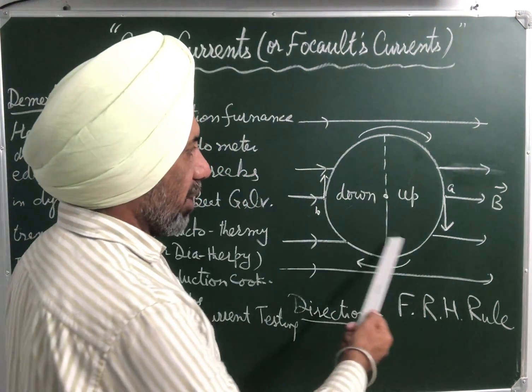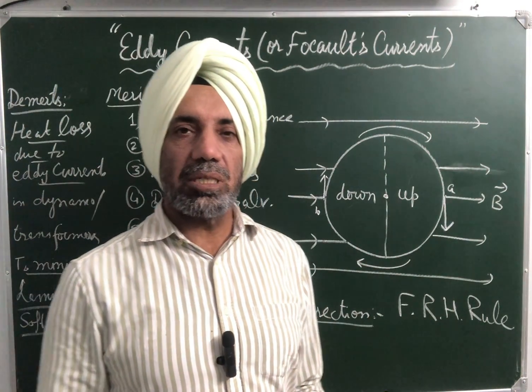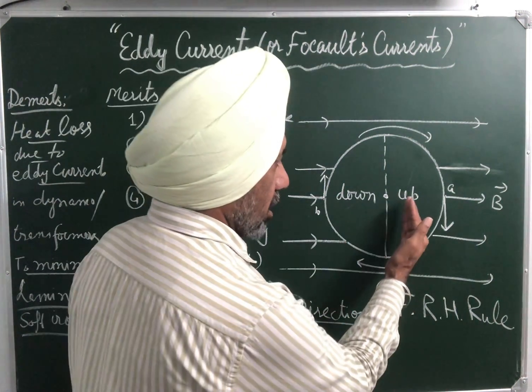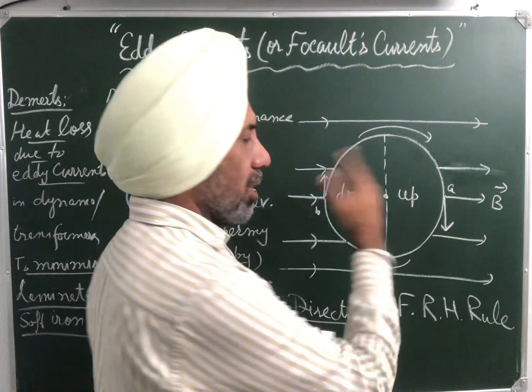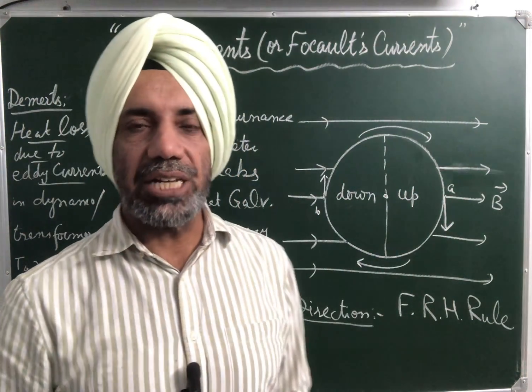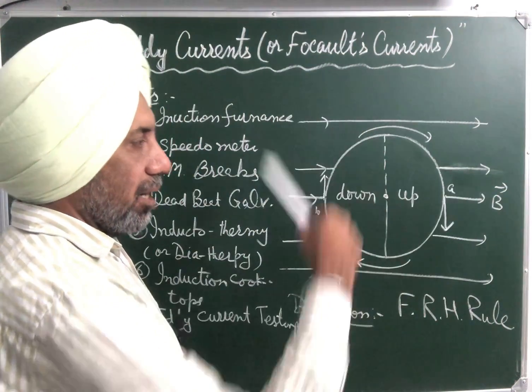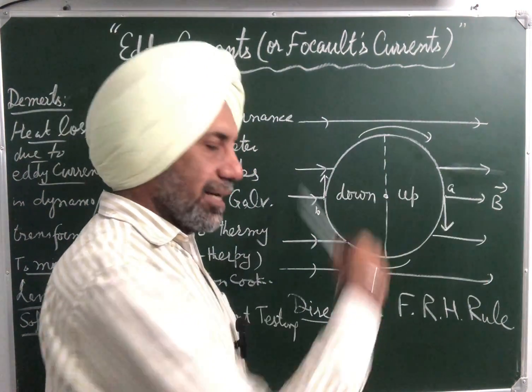Since the cylinder is made up of a large number of such closed paths, a large number of such closed cyclic currents are produced, having loops perpendicular to the direction of the magnetic field. Such cyclic currents are called eddy currents.